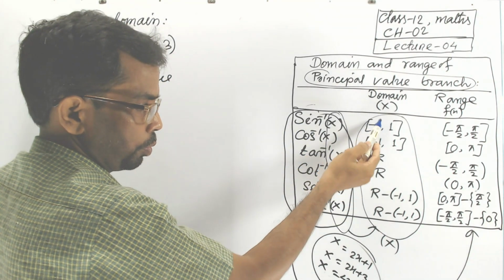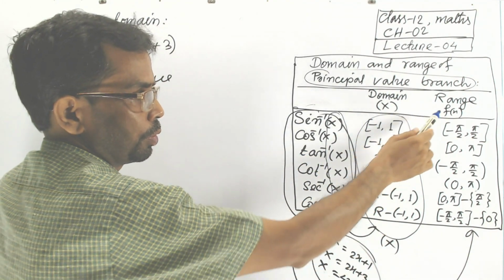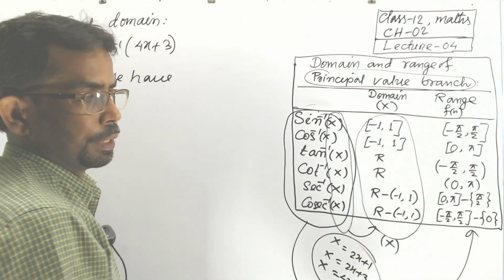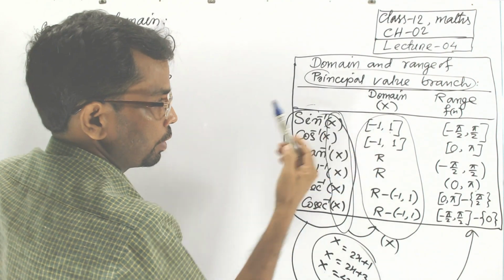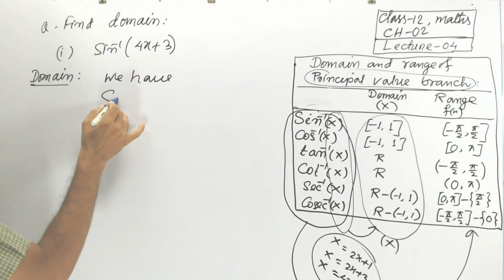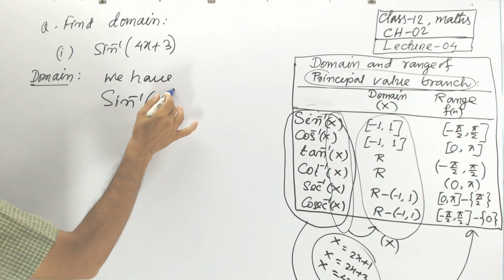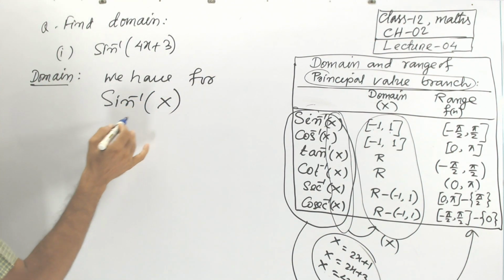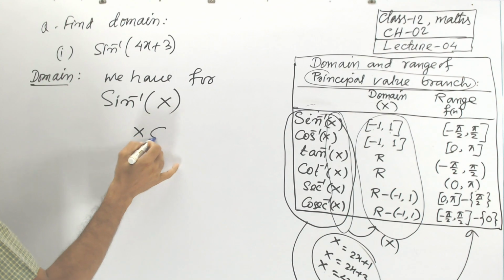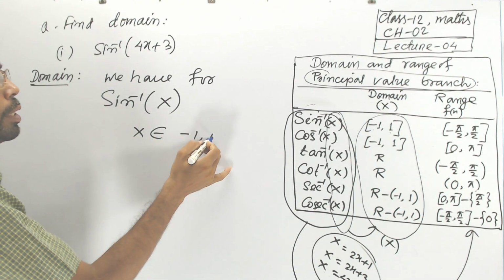Domain means we are going to only see the first column, not the second column, which is about range. Now for sine inverse x, the domain is minus 1 to plus 1. So for sine inverse of capital X, X must be in the closed interval minus 1 to plus 1.